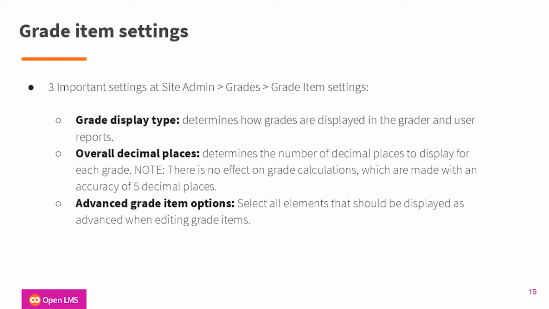Pretty important in my opinion when you want to know what exactly students see in that user report. You can set it at the site admin level and say, let's ensure that every course is set up with a certain grade display type, such as percentage, letter, etc.